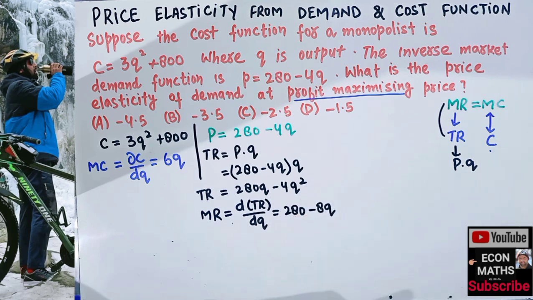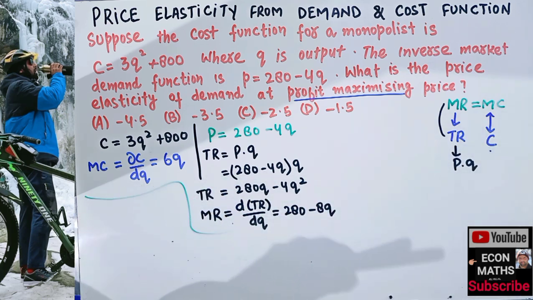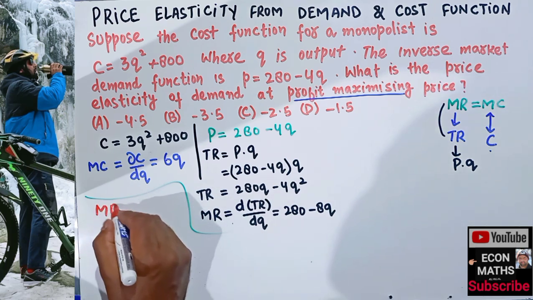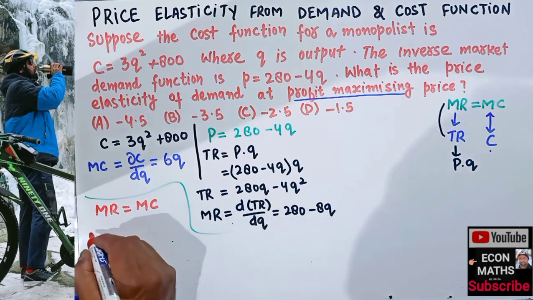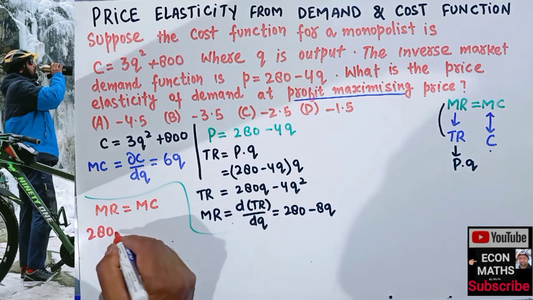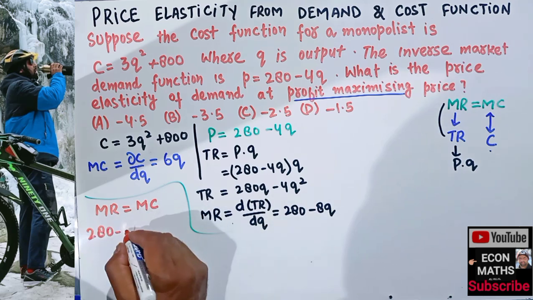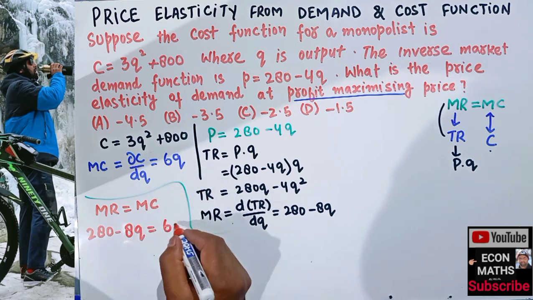Now what is the profit maximizing condition? Let me write it here. I know it got very messy. Profit maximization requires that our marginal revenue should be equal to the marginal cost. Marginal revenue we calculated came out to be 280 - 8Q, and it should be equal to the marginal cost, which we calculated as 6Q.